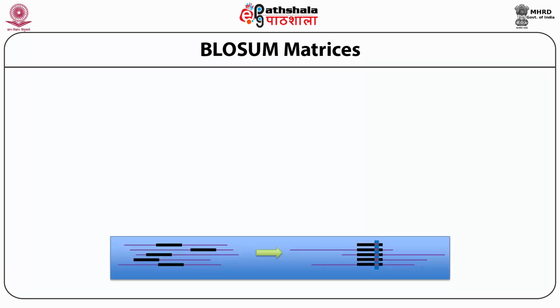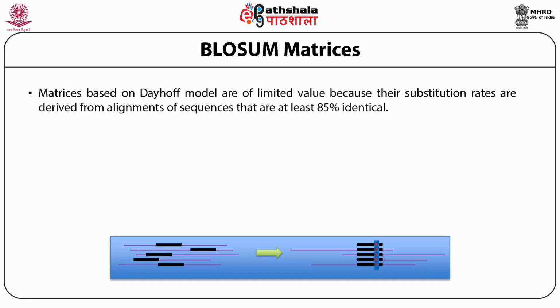In the previous slide we were discussing the PAM matrices. The PAM matrices are based on the Dayhoff model, which has limited value because the substitution rates are derived from the alignment of sequences having 85% sequence identity.